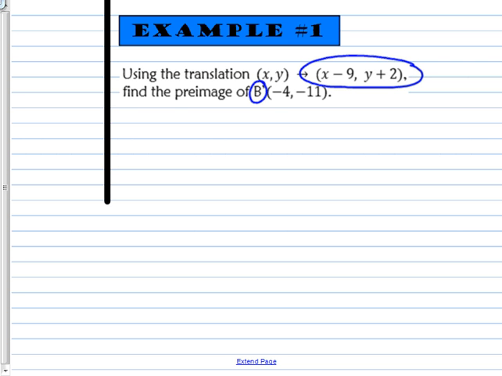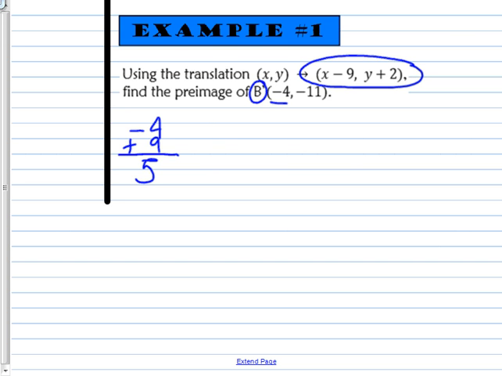So I have negative 4 as an x coordinate, and I would have subtracted 9 to find that negative 4, so I'm going to work backwards, and I have to add a 9 instead. Negative 4 plus 9 is a positive 5, so that's my x coordinate.